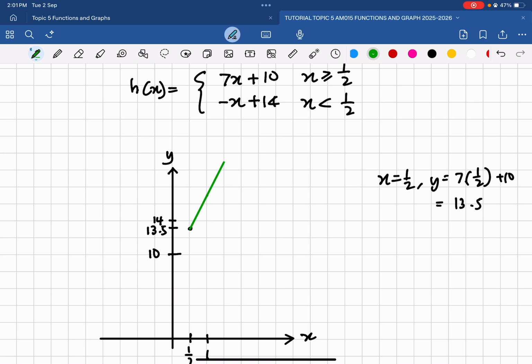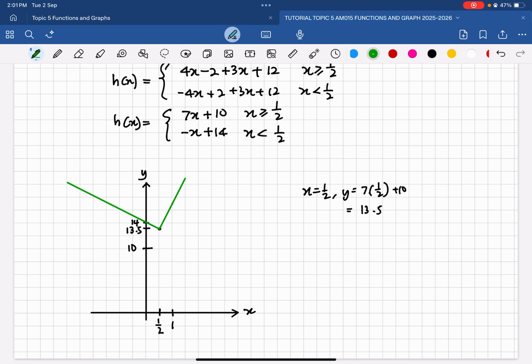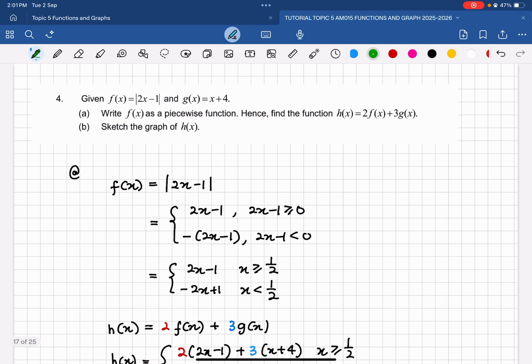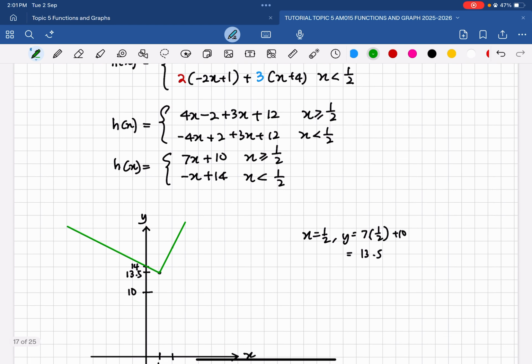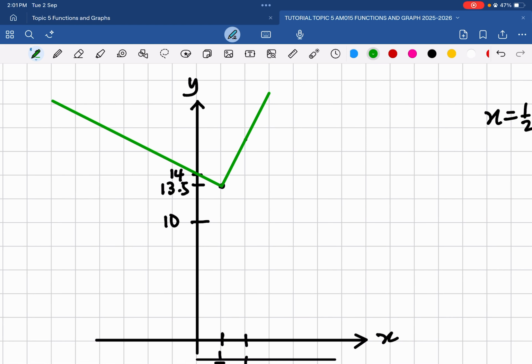So we can just do it like this. The shape is not symmetrical, of course. Okay, so that's the graph. Are we looking for domain and range? No, just the graph. So the graph is going to look like this.